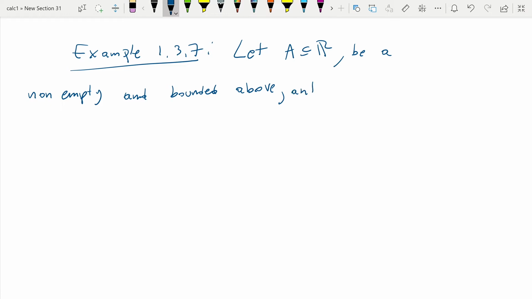And we let C in R be a given number, just any given number.